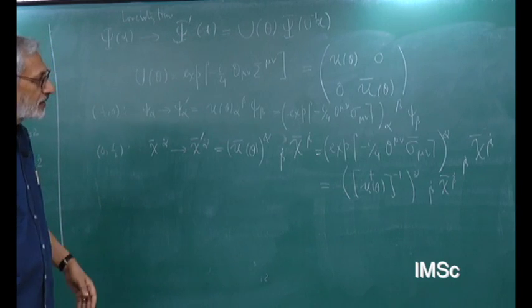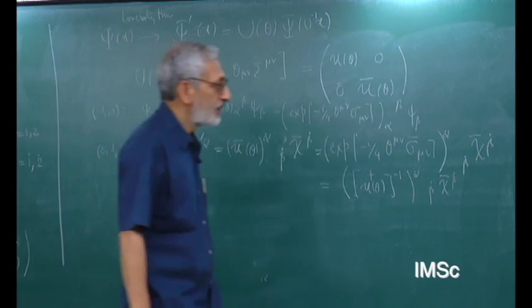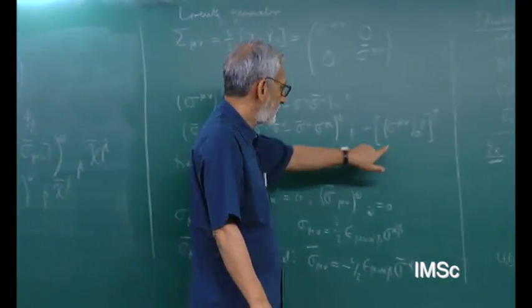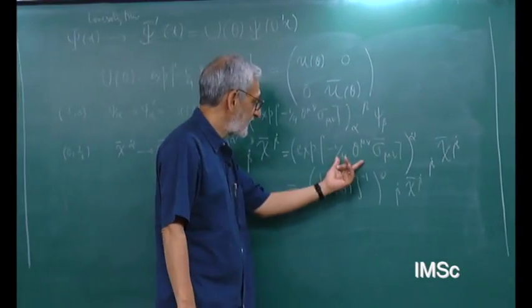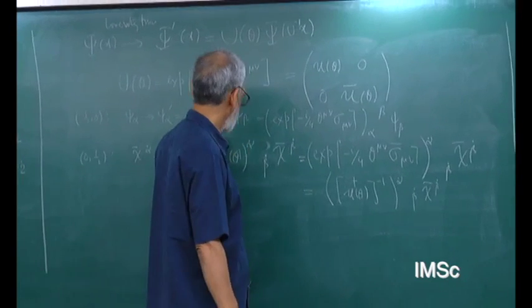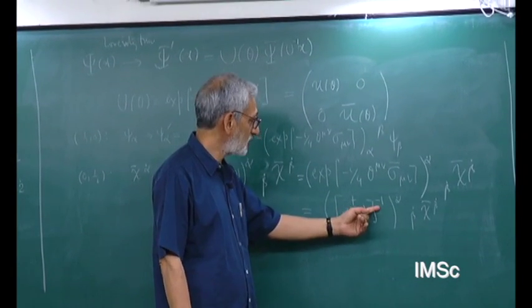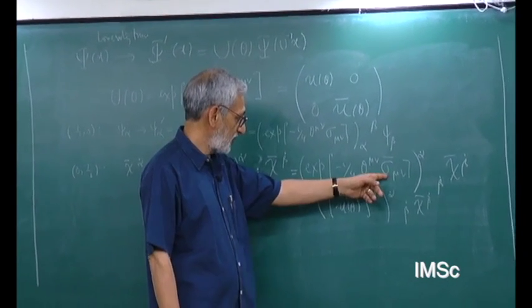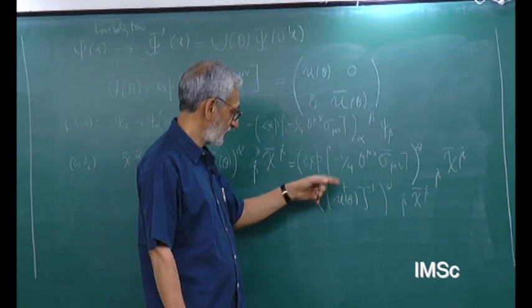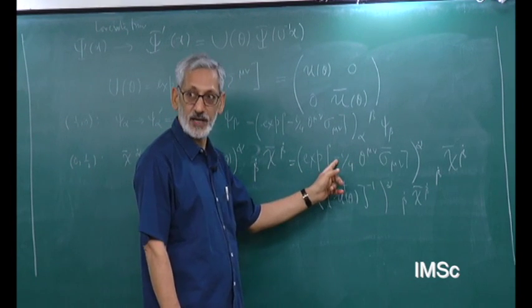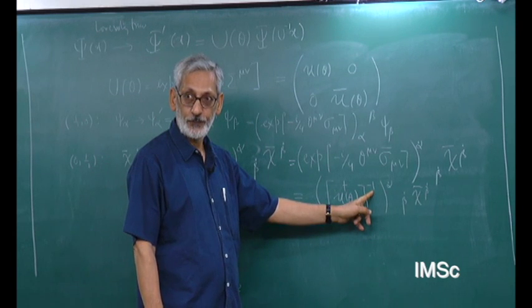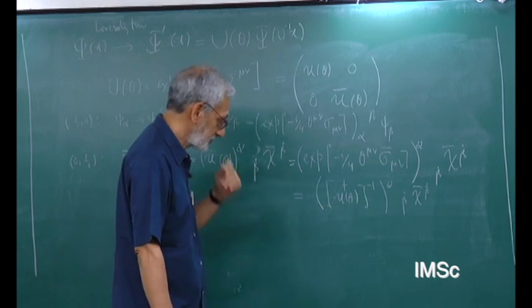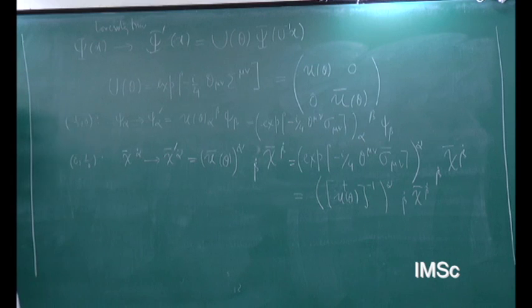This property, that this object is the dagger of that, tells you that you can rewrite this in terms of u as u dagger inverse, because if you take the dagger of this whole thing, this will change sign, so you put the inverse there. So this is now how these objects transform.